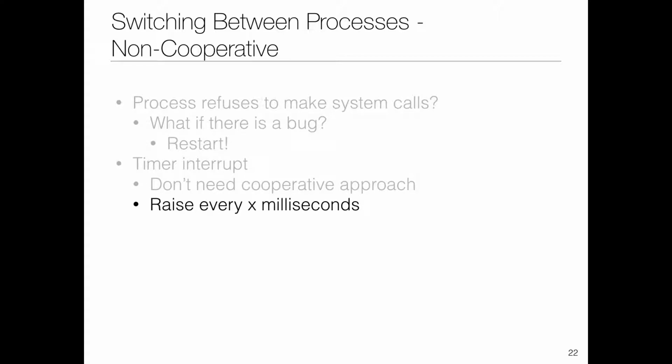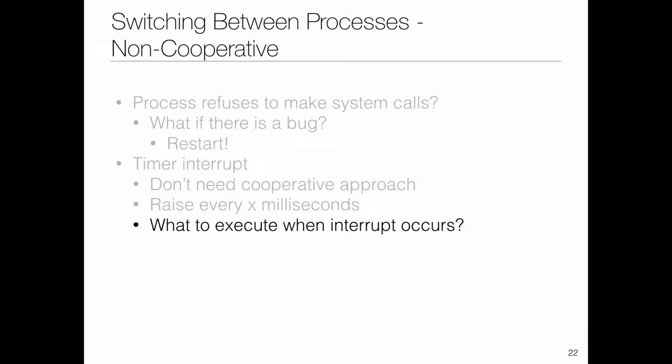So it's raised every X milliseconds. And okay, what do you think would be executed when the interrupt occurs? So what is executed when I press a key? If I press a key on my keyboard, there is some code which executes to decode what the key is, and that code resides in the interrupt routine.